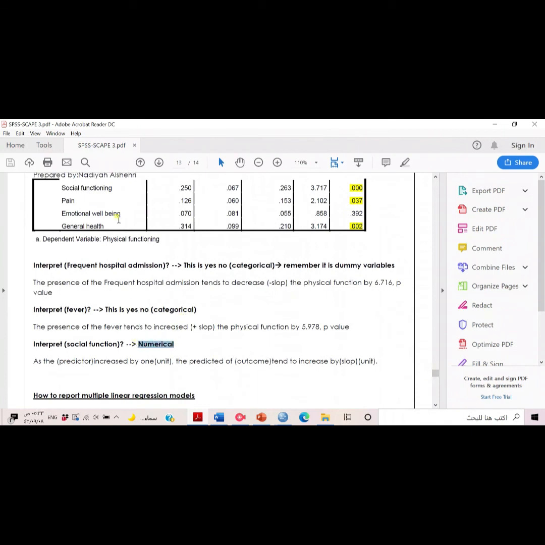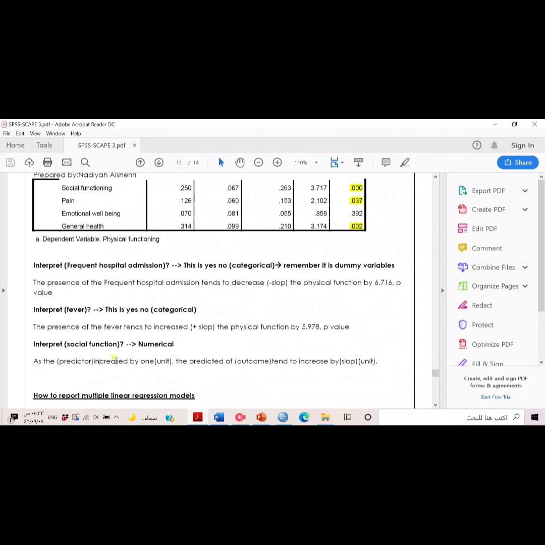Okay, what if the predictor is numerical? I will say, for example, as social function score increases by 1 unit, the predicted outcome tends to increase by the value of the slope unit. Let's say for example we have age was significant.